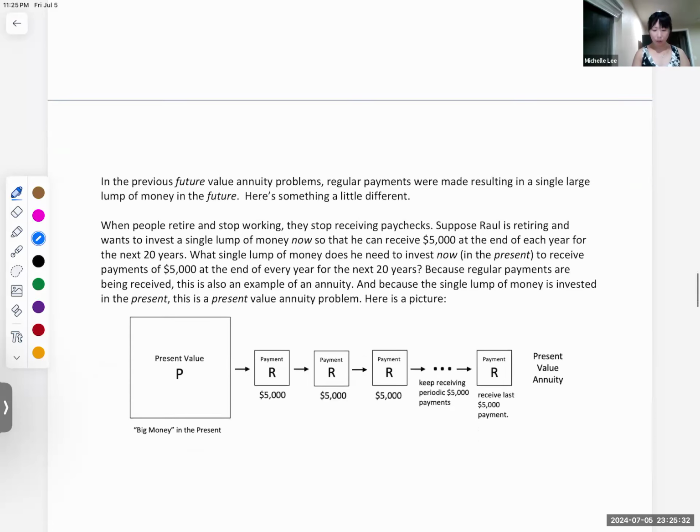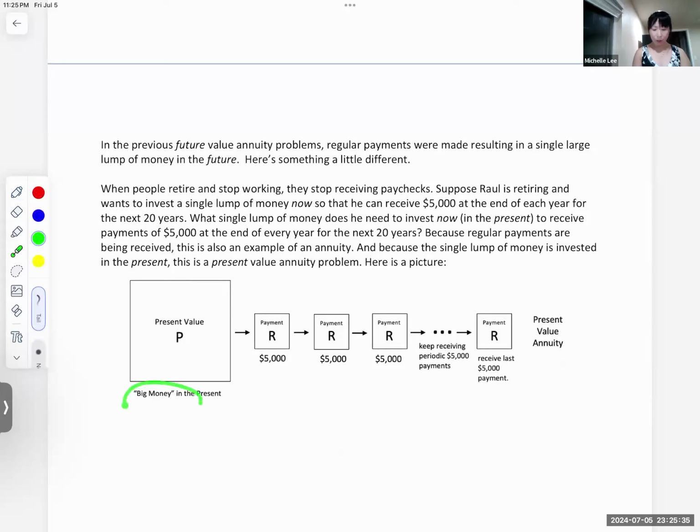Now we have a big money present, then we will receive $5,000. They don't say how many years, maybe 20 years after retirement. Oh, they said here, next 20 years. So big money invested in present.